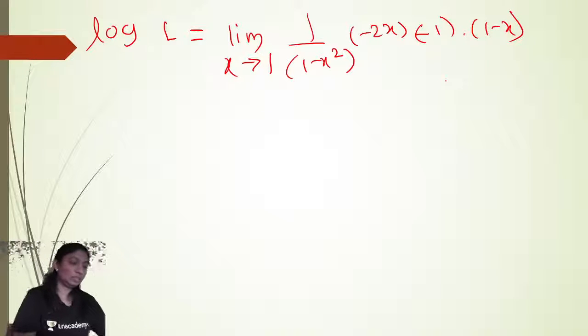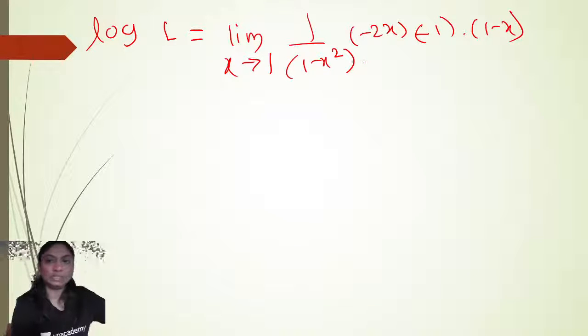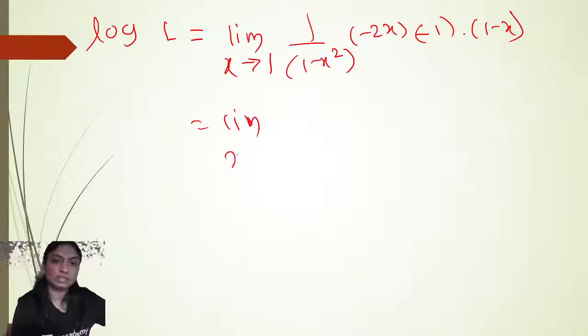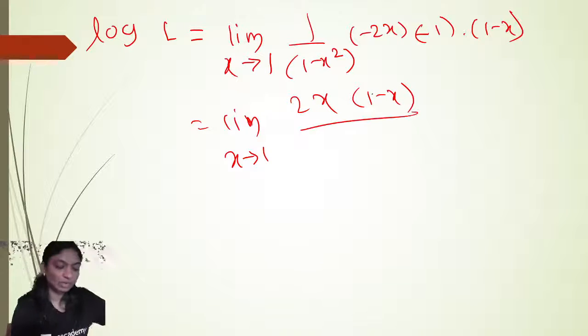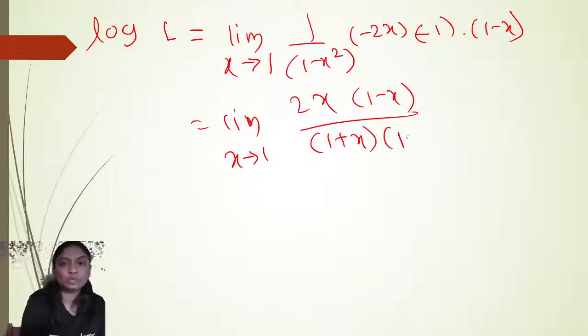Putting limit as x tends to 1, 1 minus 1 is 0. Ultimately, we can write limit as x tends to 1 of 2x into 1 minus x upon 1 minus x square. We can write 1 minus x square as 1 plus x into 1 minus x.